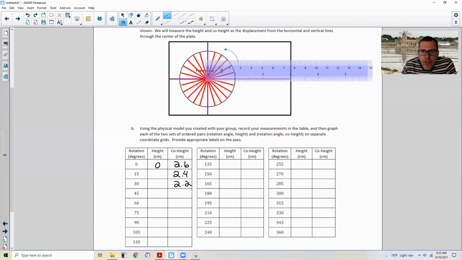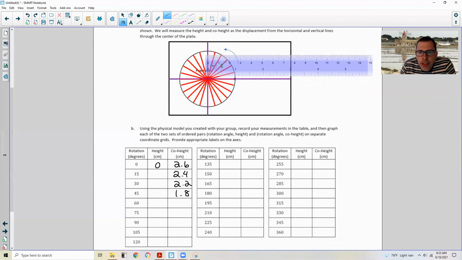If I move this up now, we are at 45 degrees, and I put the 0 right on the line, like so. This is 1.8. And then if I move up to the next one, which is 60 degrees, that is 1.2.